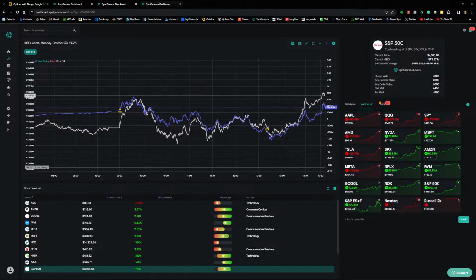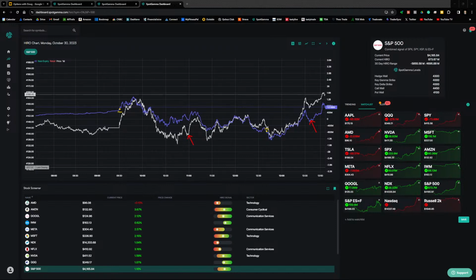What this chart is showing is price for SPX, that's the white line, and then the HERO signal, that's the purple line. Again, hedging impact real-time options, showing options trades and market maker hedging activity for a combined signal for SPX, SPY, XSP, and ES futures, all in one combined signal.